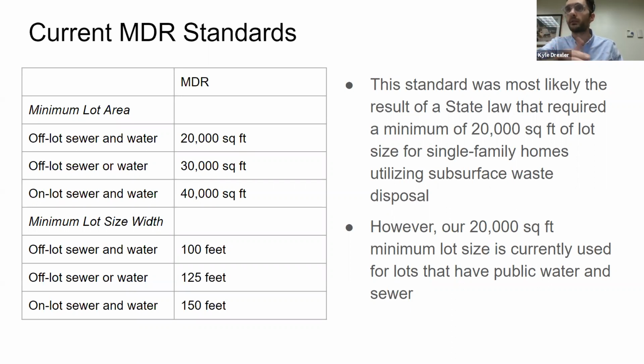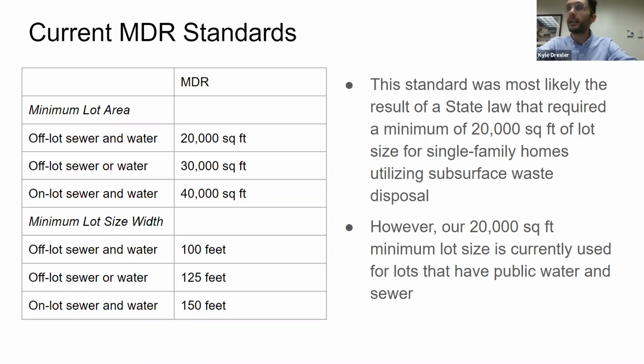Off-lot sewer or water, so you're getting one from the town and one on your lot. And then on-lot sewer and water would obviously be your septic and your well. As you get further out into the rural districts, away from town, you're going to find more of those.